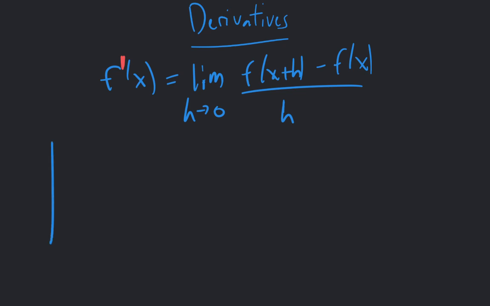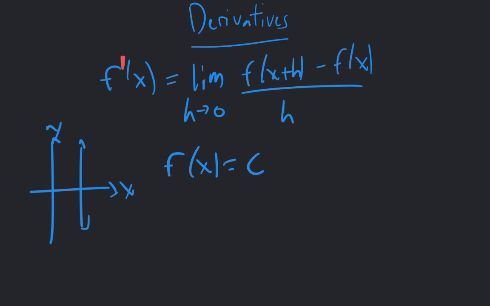H is a constant, and we can start with the constant case, which would just be a horizontal line like this. We could say f of x is equal to c. Now we have this f of x plus h, which basically means that whenever we see an x, we add a plus h.